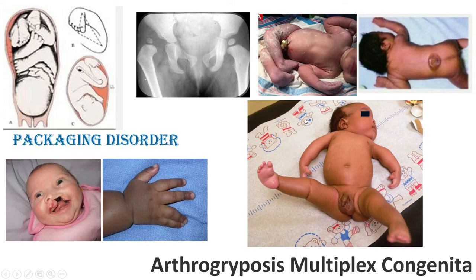Means in the neuromuscular junction, where the nerve attaches to the muscle, there is some developmental problem, so the function of that junction cannot grow properly. As a result, this deformity and multiple joint contracture occur. This is called arthrogryposis multiplex congenita.